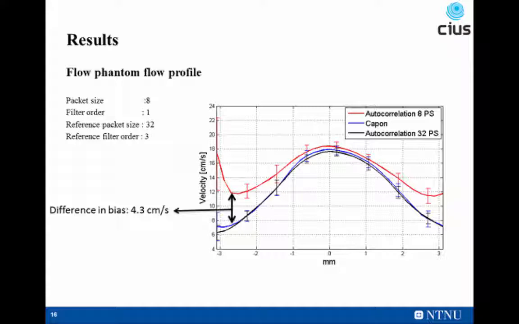As you can see, Capon is giving values that are closer to this reference autocorrelation result. For example, at this point close to the tube wall, the difference in bias between Capon and the autocorrelation method is 4.3 centimeters per second. The filter order we used is 1, and the packet size we used for this setting is 8.